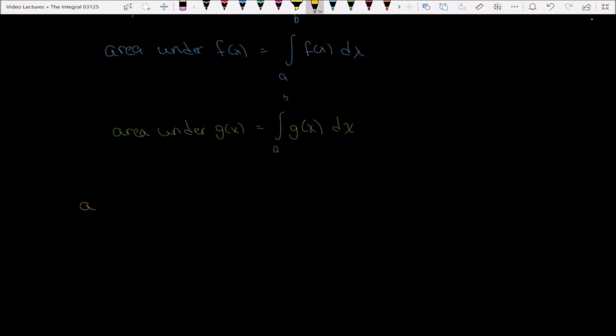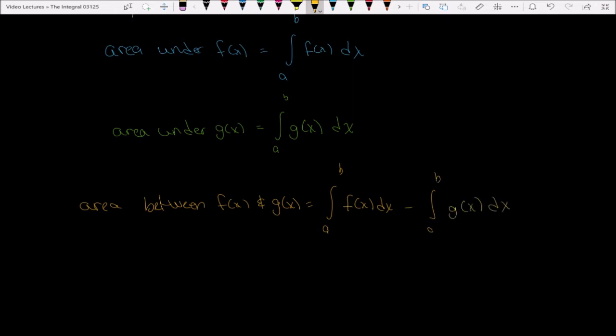So what we can conclude is that the area between f of x and g of x would be the area under f minus the area under g.